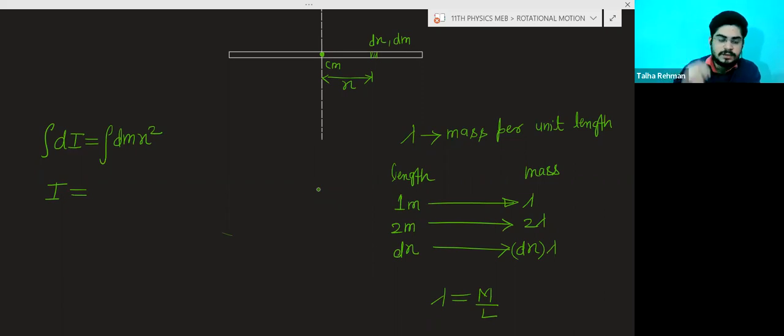This you have to remember. Anyone can write I_x or I, in different books you will get different notation, but notation is not important. The concept is important. So now you can put the value of dm. Dm is dx into lambda, and here is x square.